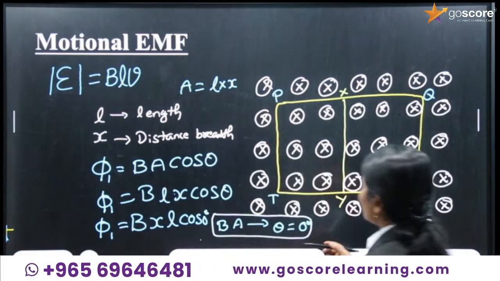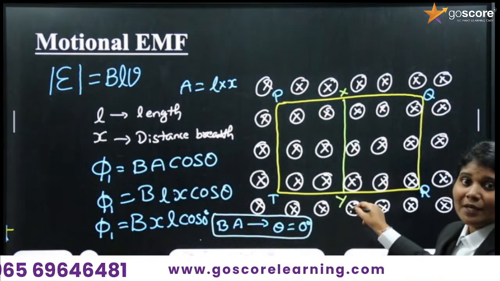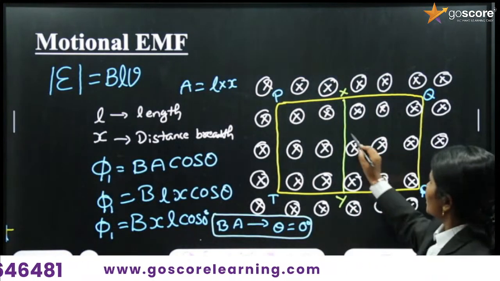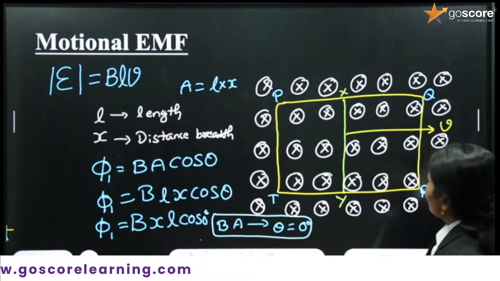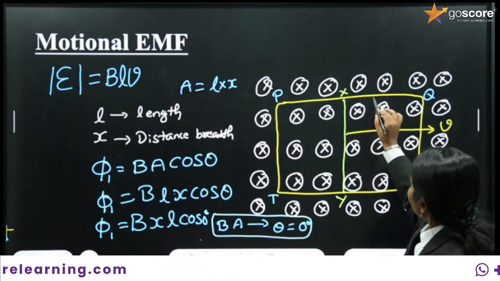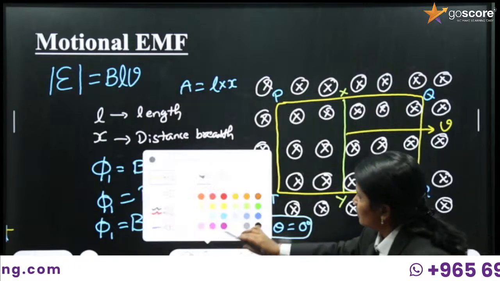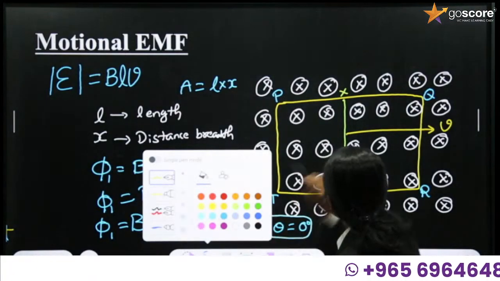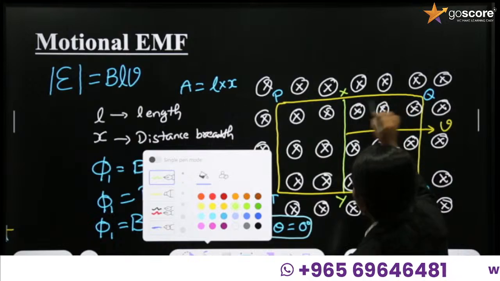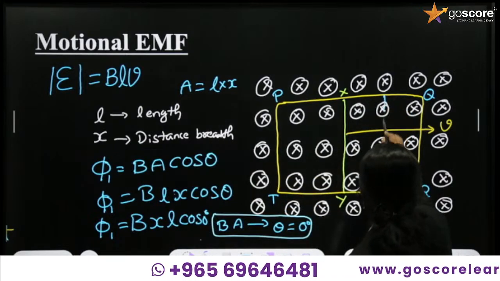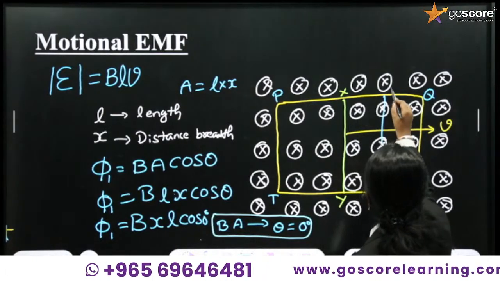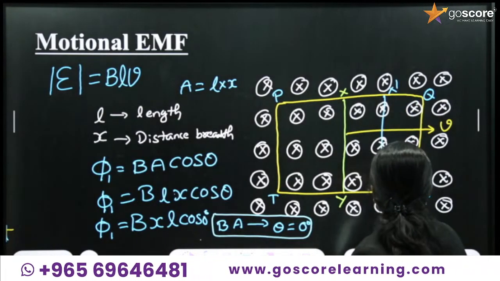Now I am changing the wire position with the velocity V. Now the position of the wire is here. I am indicating it as X dash Y dash.